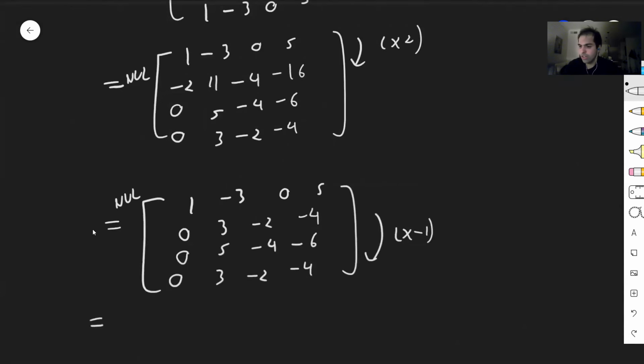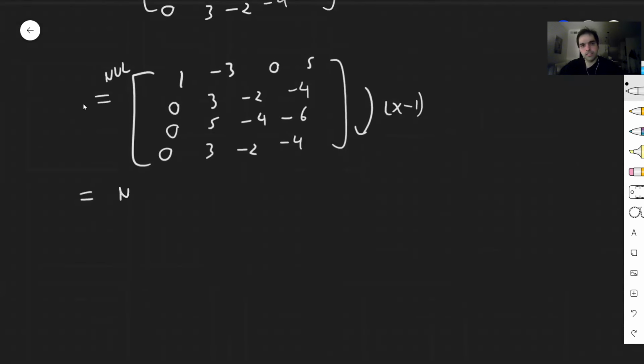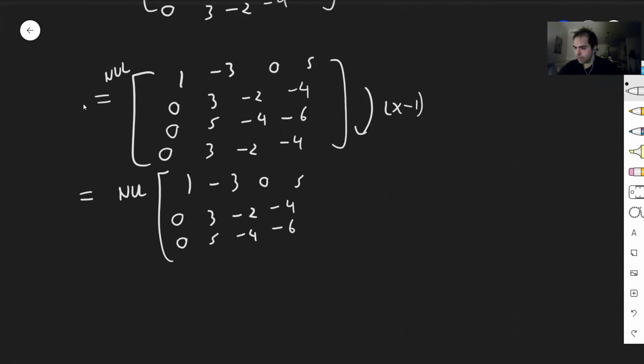So we get null space of 1, minus 3, 0, 5, 0, 3, minus 2, minus 4, 0, 5, minus 4, minus 6. And then 0, 0, 0, 0. Oh yeah, I didn't even realize that this is the same row. I was like, it can't be.